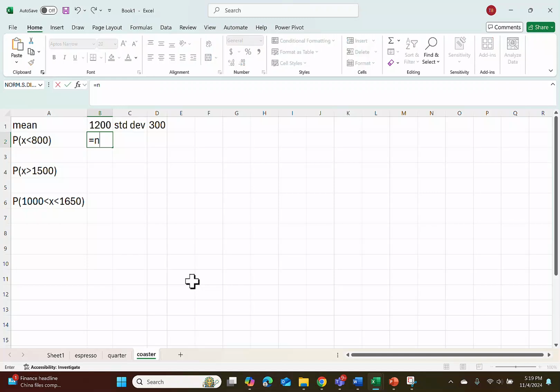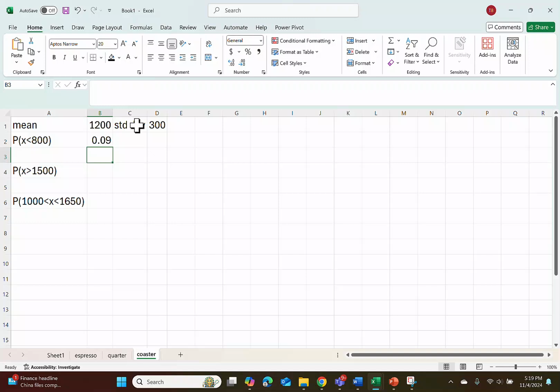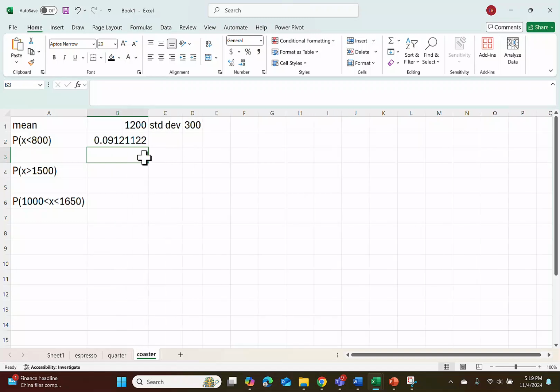I type equals norm.dist, parenthesis, 800 is my X, 1,200 is my mean, 300 is the standard deviation, and then true. We'll extend our cell to see more values. We have 0.0912.